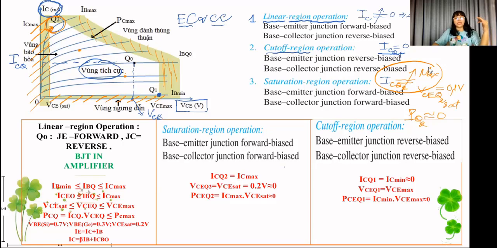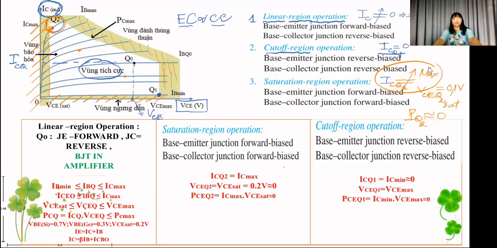When the BJT transistor is operating, we have one junction like a diode in forward, and the second diode junction, base and collector, in reverse.